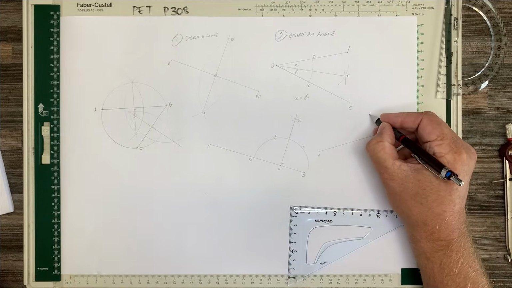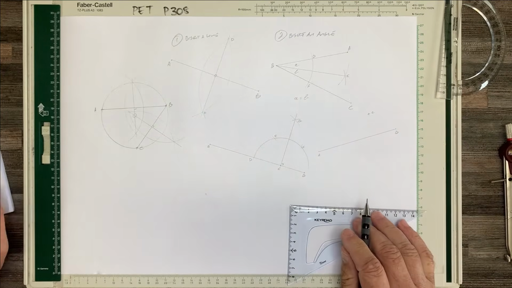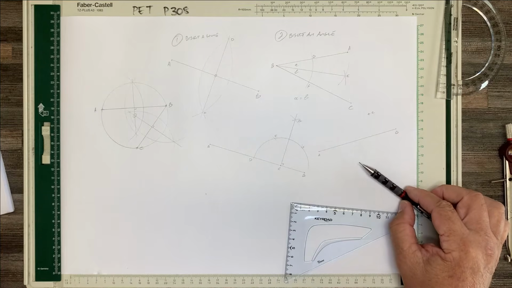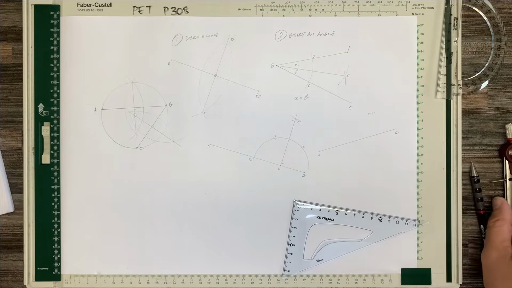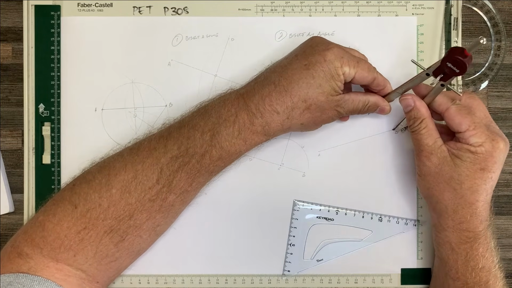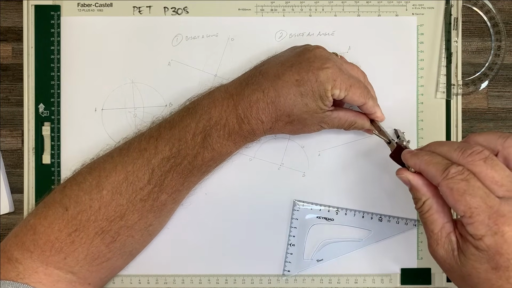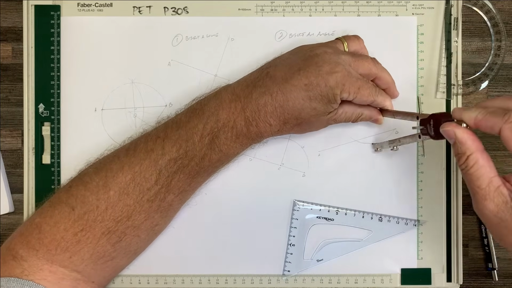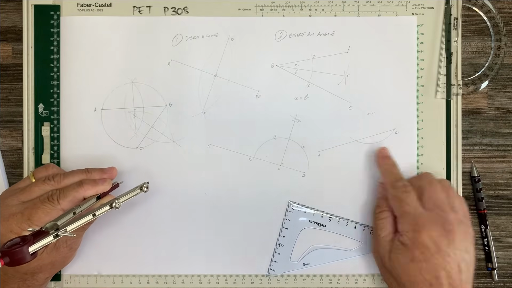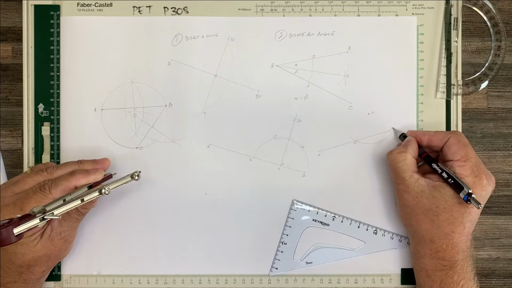So let's choose a point out here as point C. So from there we'd like to drop the perpendicular down to AB. All right. So what we do is put our compass on point C and we draw an arc that will cut AB in two places. So it's going to cut AB at D and E.